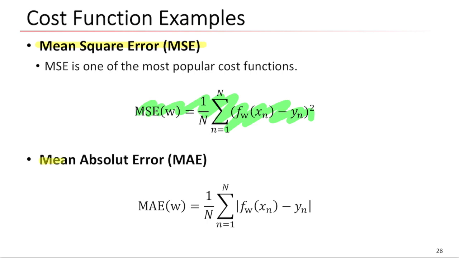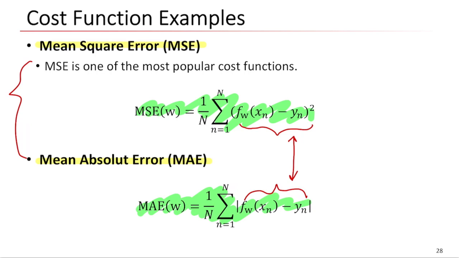Another example is the mean absolute error, or MAE. MAE is defined like this. The main difference between the mean squared error and the mean absolute error is here. In the MSE, they measure the square of the difference, but in the MAE, they just measure the absolute value.